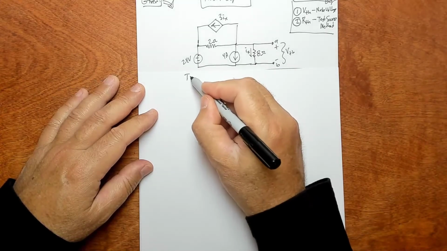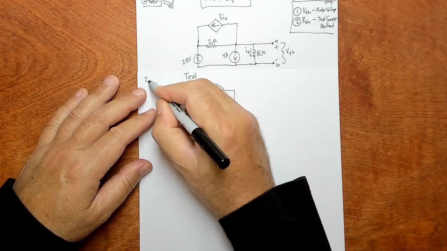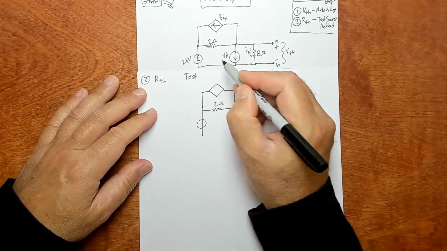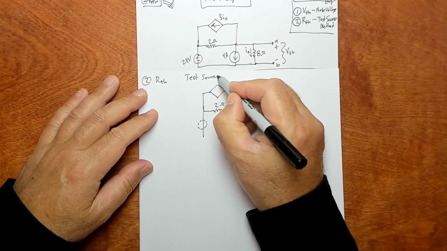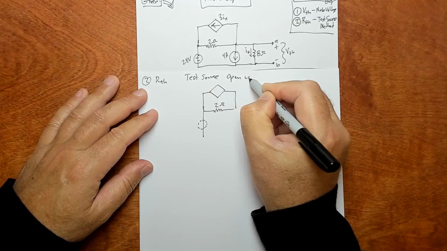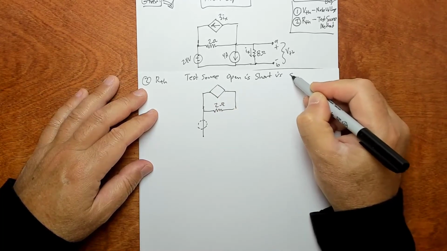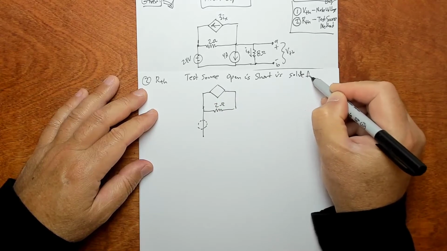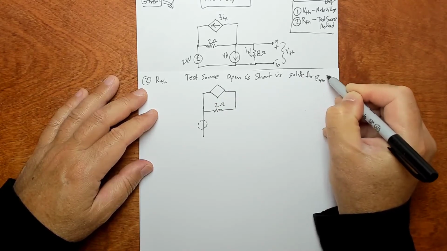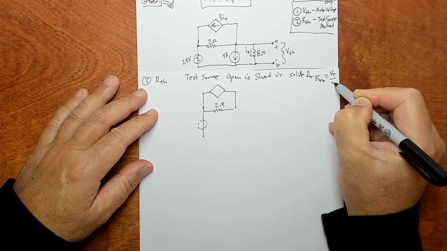We're using test source. This is step 2. We're trying to find R sub Thevenin via test source, which means we open the I's and we short the V's and we solve for R sub Thevenin equals V sub test over I sub test.